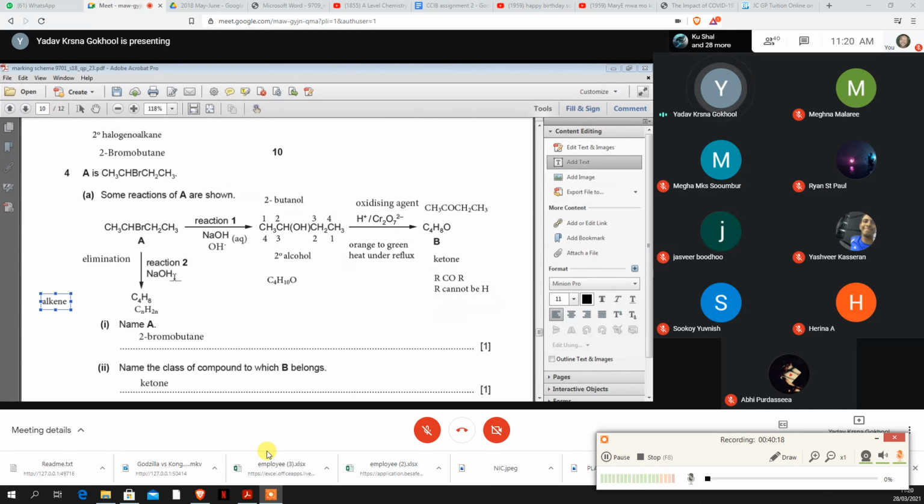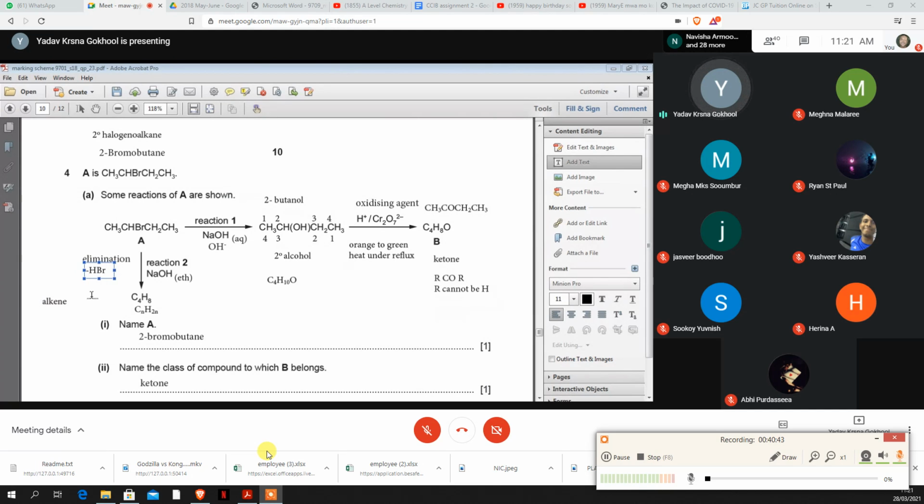This NaOH should be ethanolic. Now here you can remove the Br. So Br has to be removed, elimination. So minus HBr.